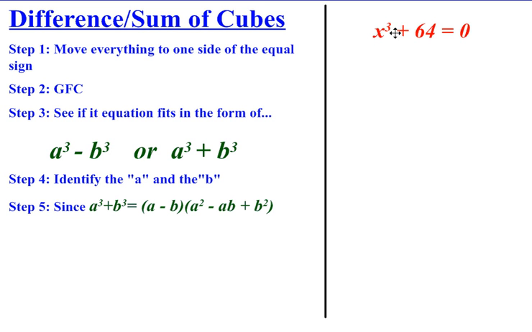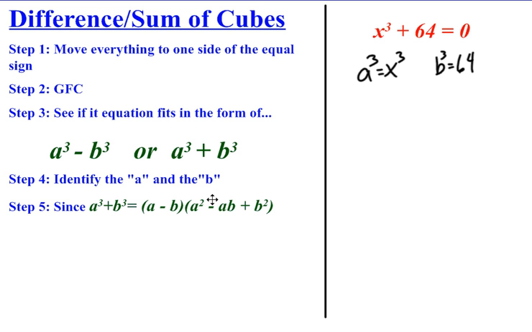In this case, we do have an x cubed, so our a cubed equals x cubed. And 64 is 4 cubed. Okay. Identify the a and the b value.